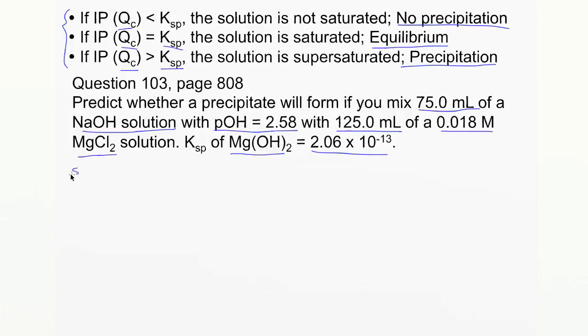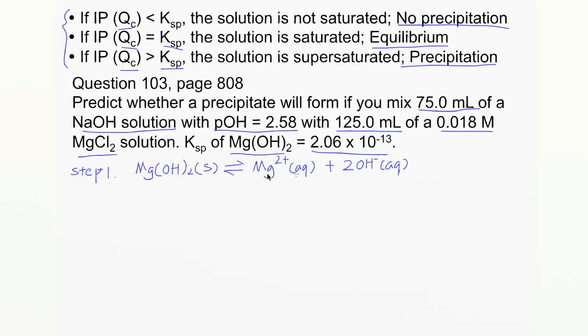How do we calculate the QC? Here's the thing. Step 1. First, let's write the dissociation equation of the magnesium hydroxide. It's a white solid, and if you dissolve that in solution, you will get magnesium 2 plus and 2 equivalents of hydroxide.